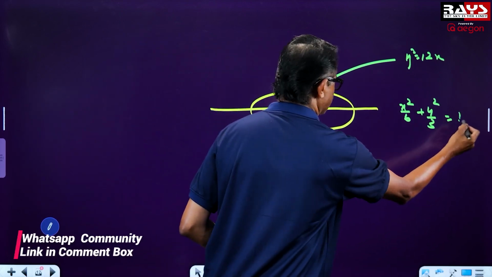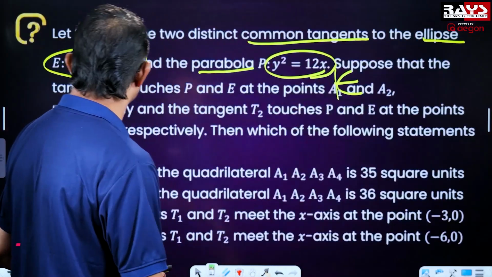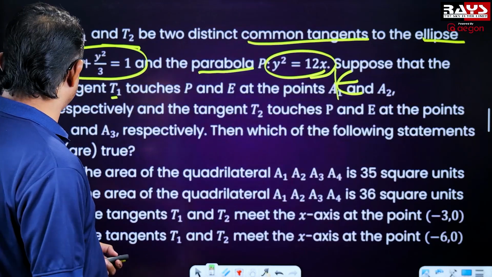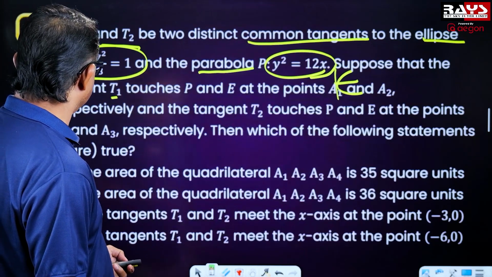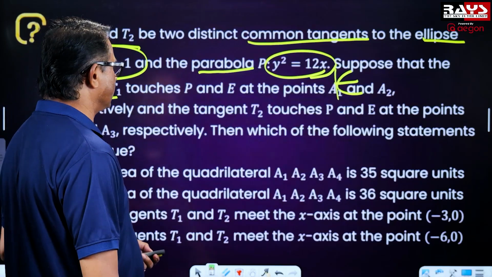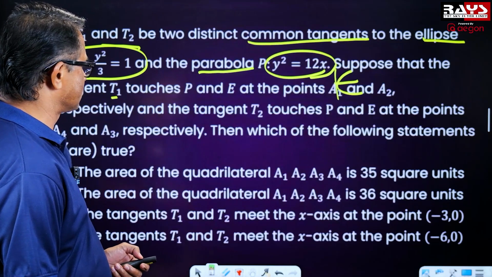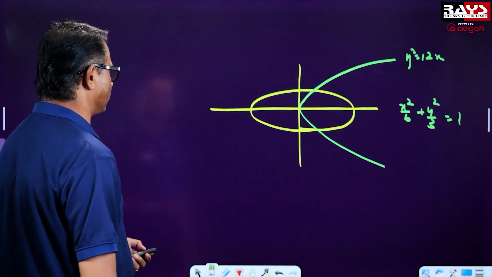Now the common tangent T1 touches P and E at the points A1 and A2, and T2 touches at A4 and A3.